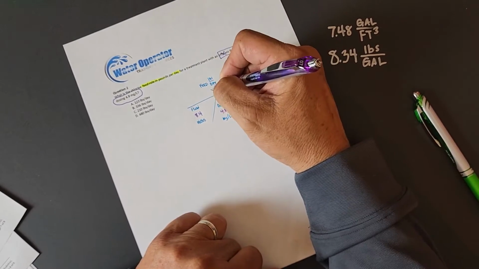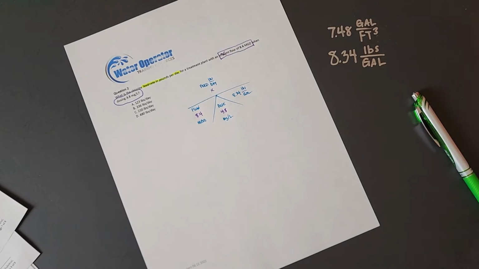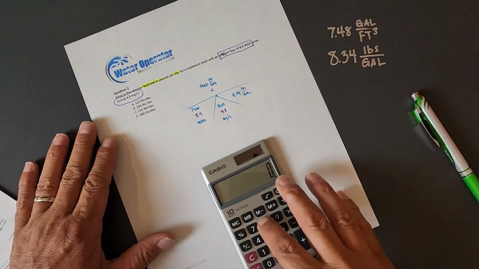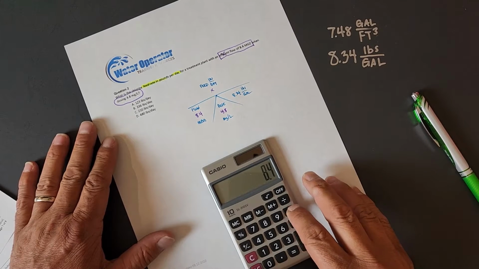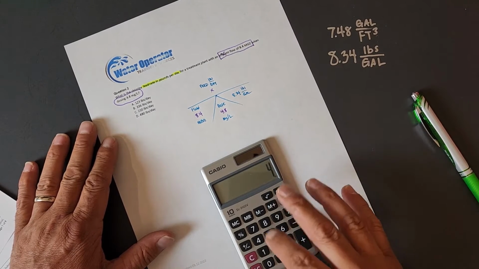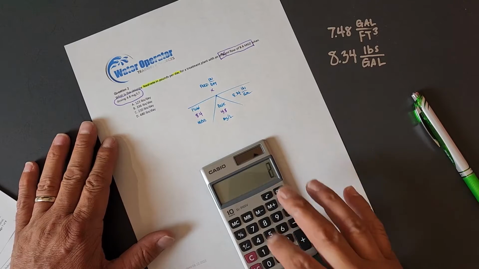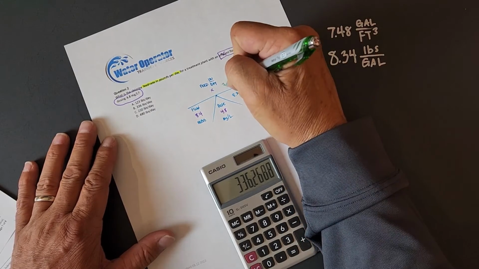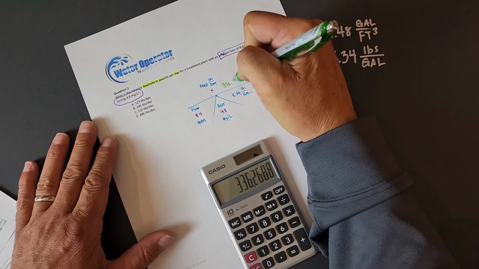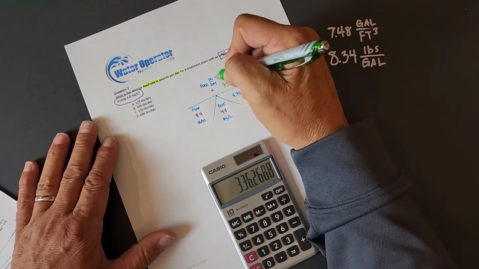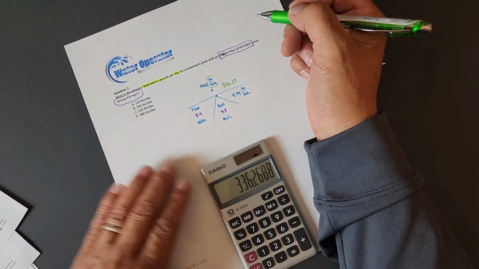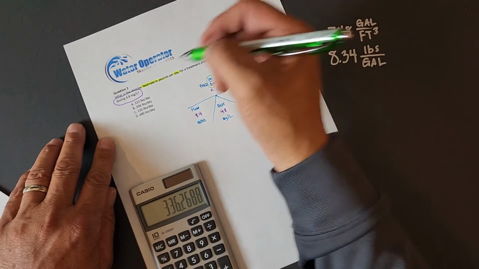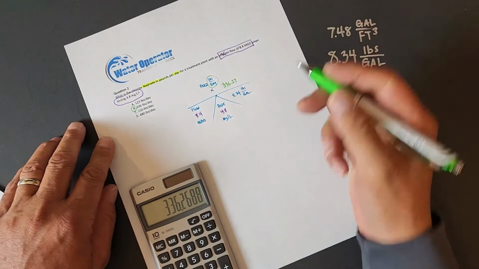So we are looking for this number here. Let's multiply 8.4 by 4.8, multiply that by 8.34, and we're going to get 336.27 pounds per day. The best answer is B.